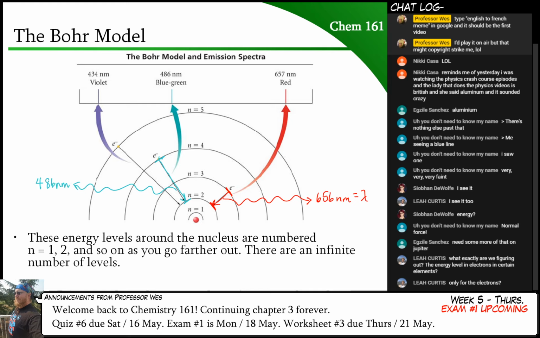And then finally, if I fall from the highest level, right here, n equals 5 to 2, then the light that's given off has an even higher frequency and higher energy.